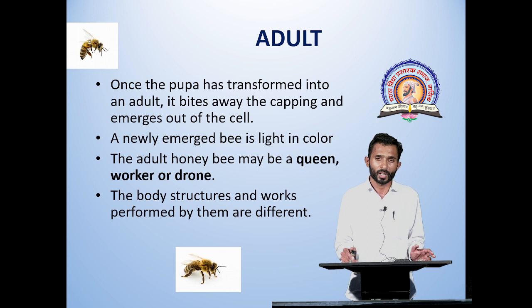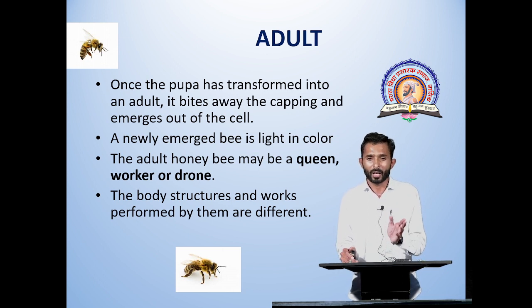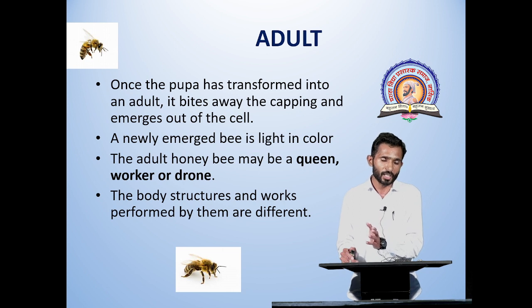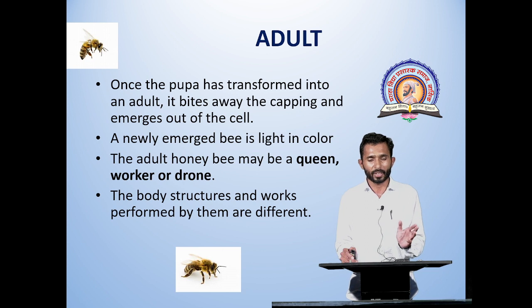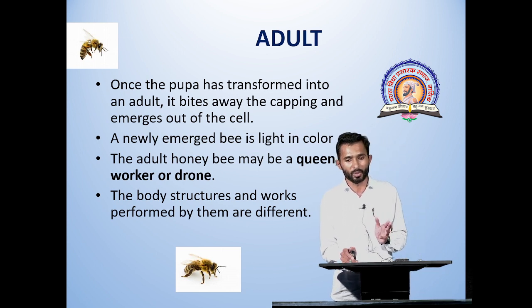Here is the transformation from the pupa up to the last adult stage. That means the complete metamorphosis gives emergence of light colored young bees, and these are of 3 different castes: the queen, worker and drone.